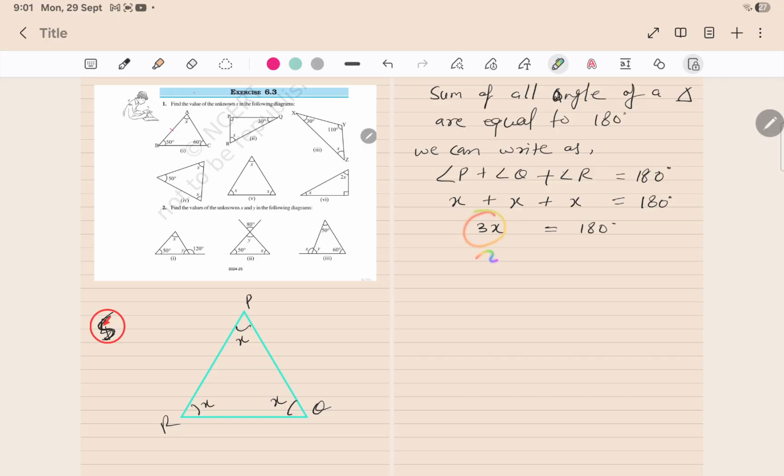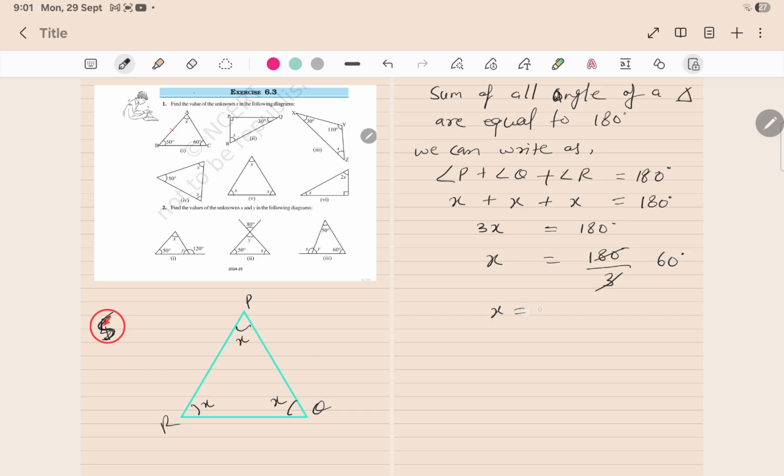3x means 3 into x, where 3 and x are multiplied. So when 3 is transferred to this side, multiply changes to divide. x equals 180 degrees divided by 3, which is 60 degrees.